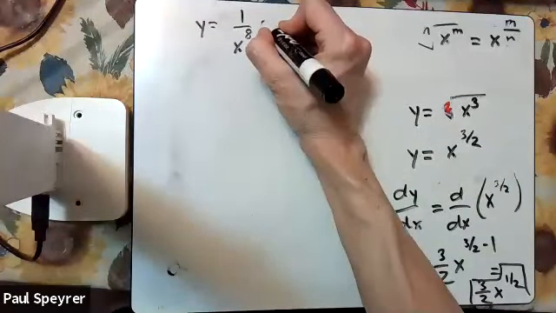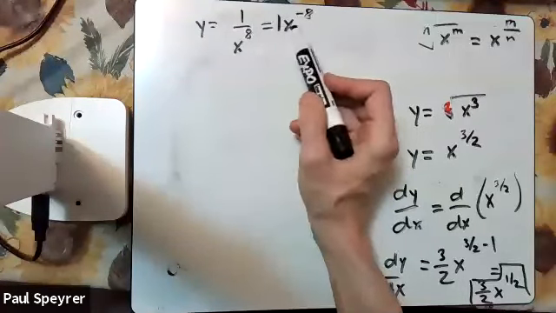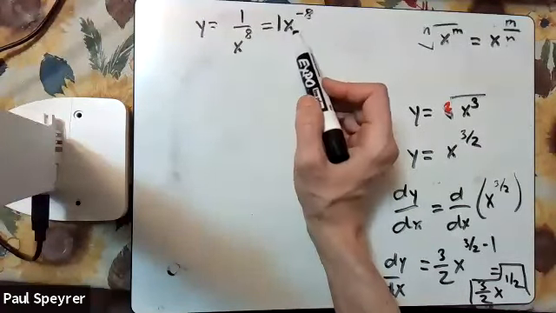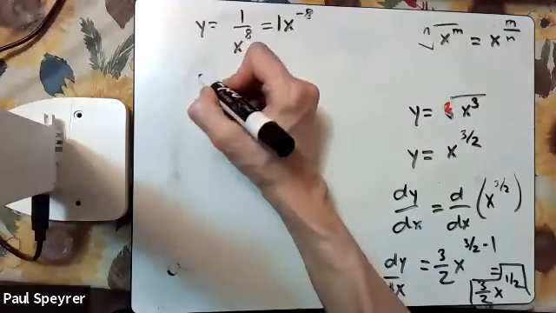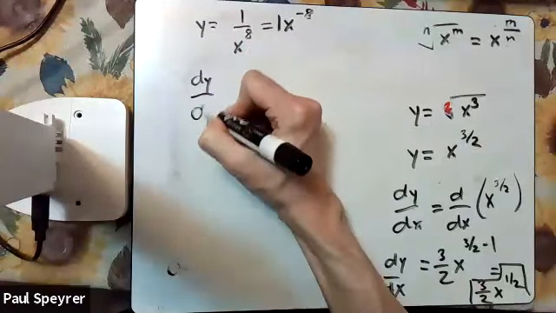Remember negative exponents? Like if I rewrite this as 1 times x to the negative 8th, these two are equivalent, right? Because remember, if you have a negative exponent, you can flip whatever that negative exponent is being applied to, right? So you can flip this down and get back to this. So this is what we're working with right now. So now we can go ahead and take the derivative. So again, power rule, right?